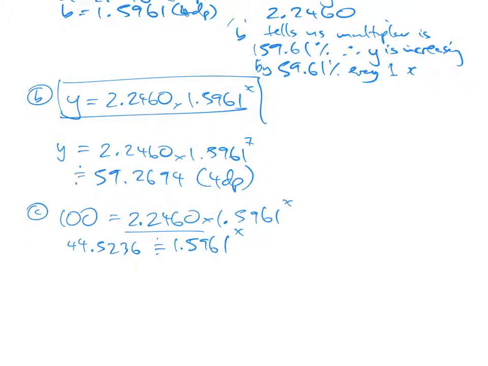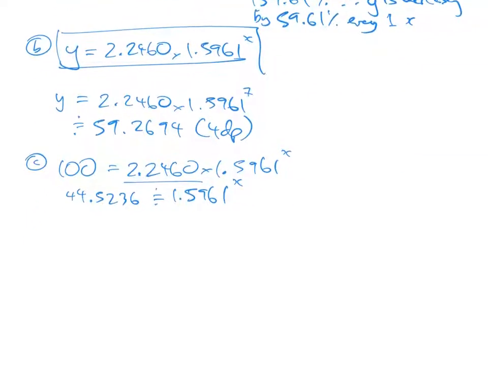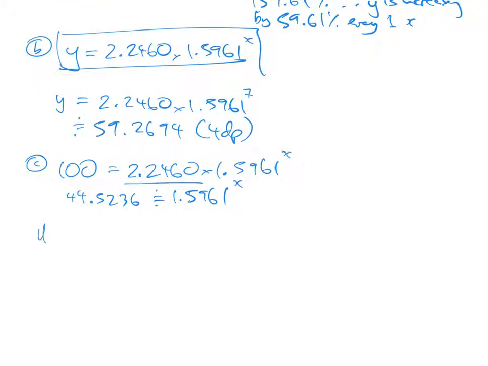So what you do is use the y equals button to graph. y1 equals 44.5236, so you're going to graph the horizontal line of y equal to 44.5236.